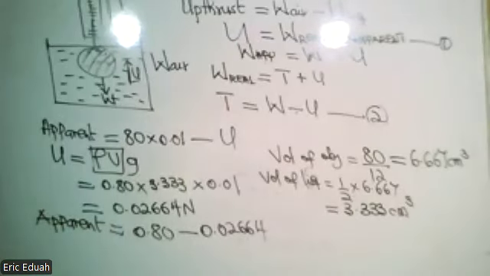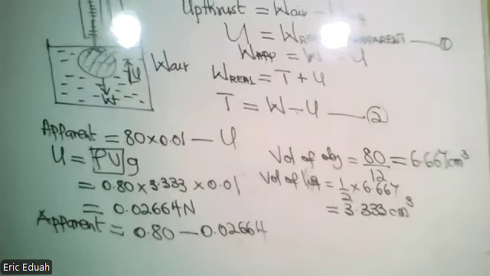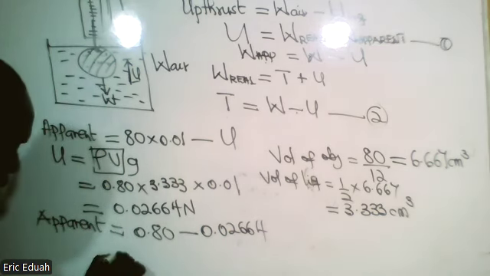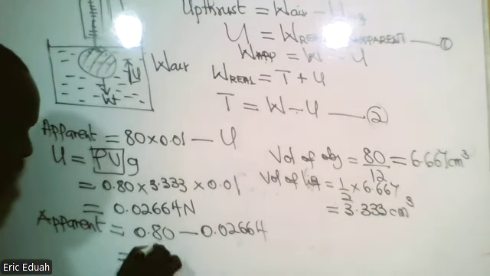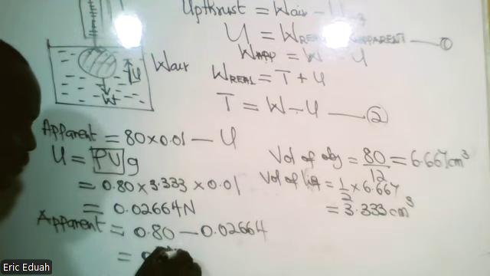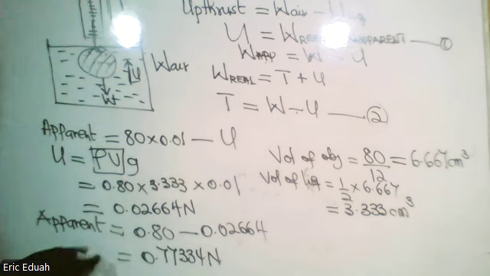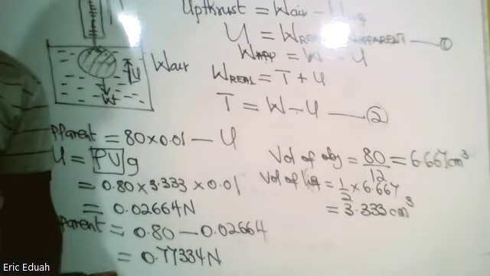And our final answer is 0.77334. So this is the apparent weight of the object in fluid.